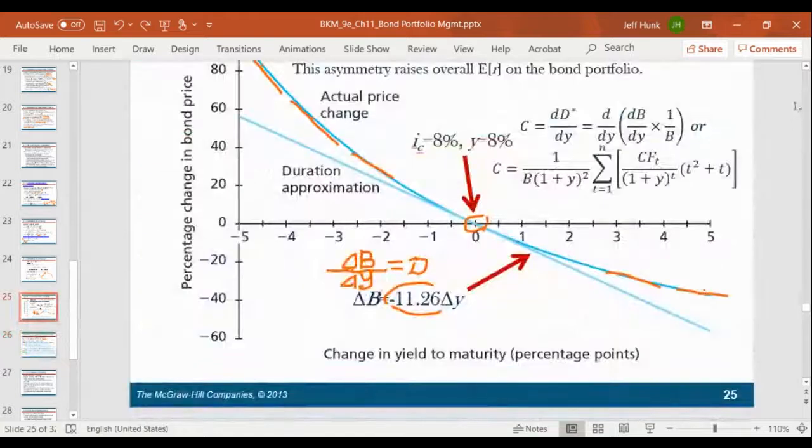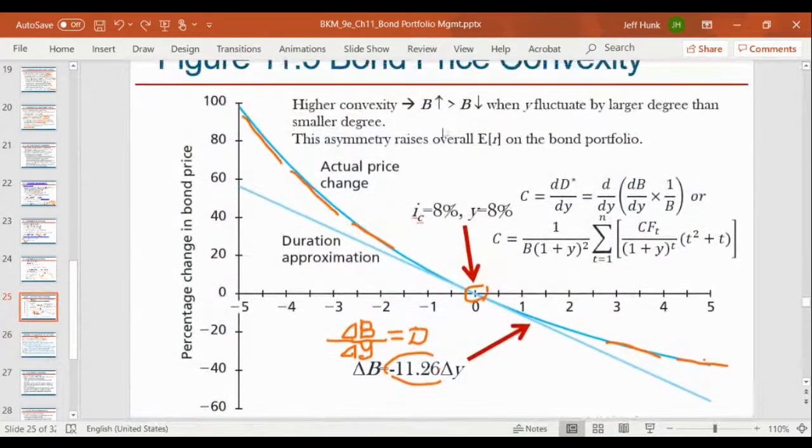And also, the benefit of convexity is that when convexity is high, the increase in bond price is greater than the decrease in bond price when interest rate fluctuates by a larger degree.